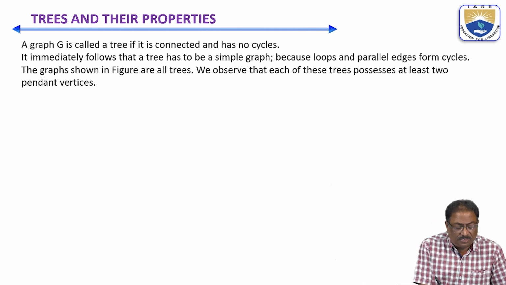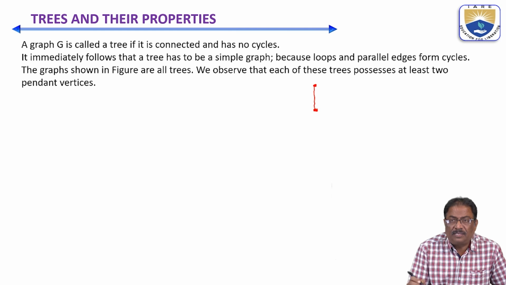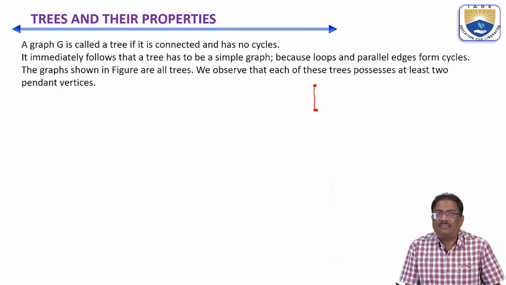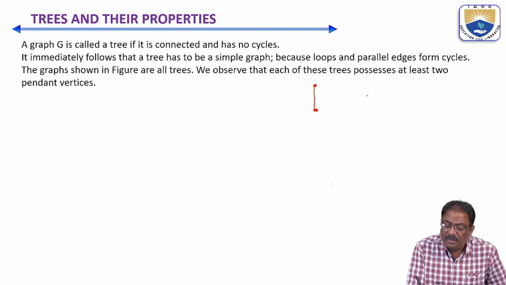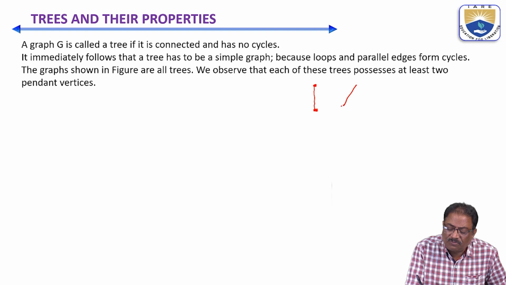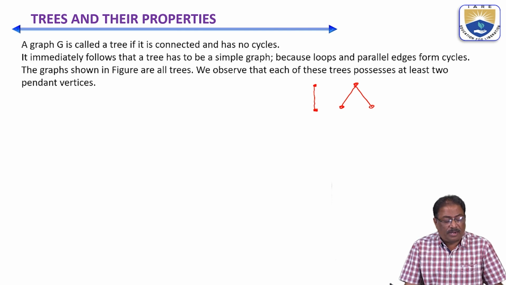Let us concentrate on this. If I consider this graph, it does not have any cycles, so it is a tree. Or if I consider a graph of this form, this is also a tree.